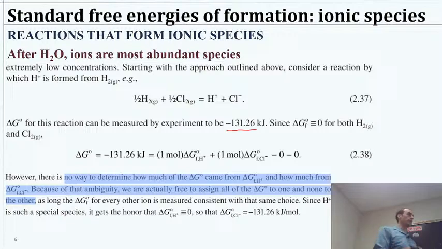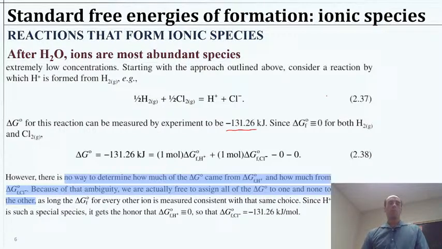Or if we're adding something to get a minus, we're going to also have something that gives a plus. Anytime we do a reaction and look at it, we will have two unknowns, and maybe we can measure only the one experimentally. Given that, it is very convenient to designate hydrogen as 0 as a kind of default starting point.